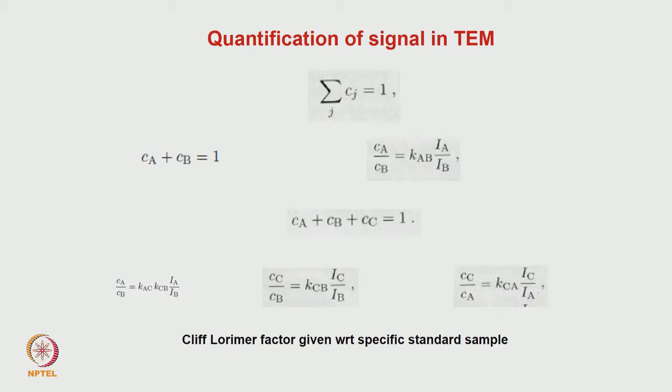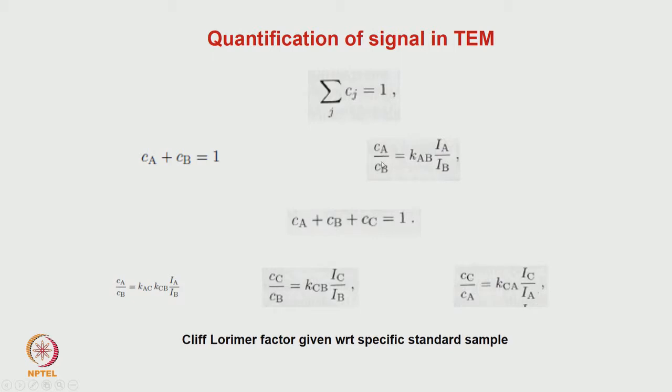In experimental conditions, what is normally done is, suppose you have a sample, you assume that it is a single phase, which is where one can do this experiment easily. Then find out the composition very accurately using either a wet chemical technique or electron microprobe, so that we know the concentration of the element.